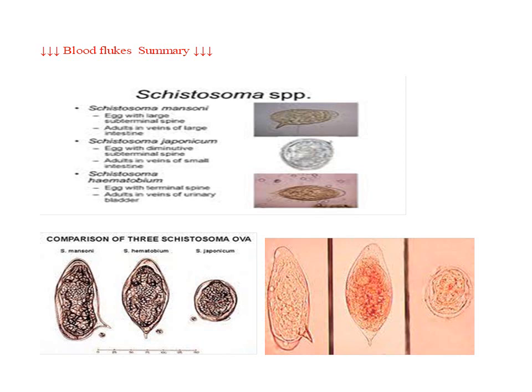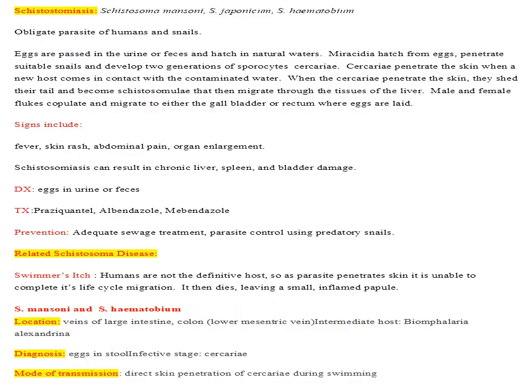You can see from the left Schistosoma mansoni, in the middle Schistosoma haematobium with a large terminal spine, and Schistosoma japonicum on the right with a small knob spine. It is very clear, and we can use this morphological criteria of the egg and the sample to differentiate between these species.